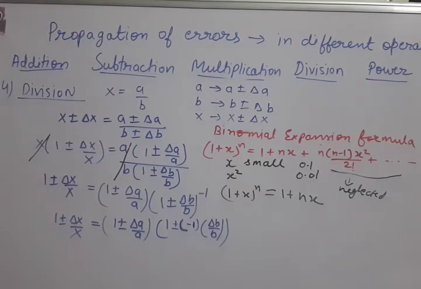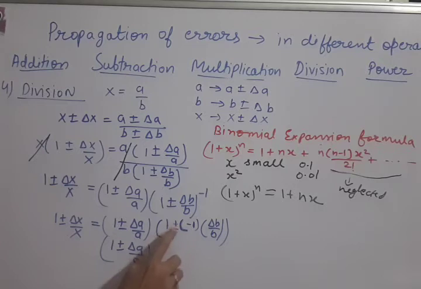Now what should be happening next? Here you can see this minus 1 and plus minus sign is there. So the factor 1, that means delta b upon b, will remain the same only. But what about this minus sign? This minus sign will be multiplied with these two signs one by one.